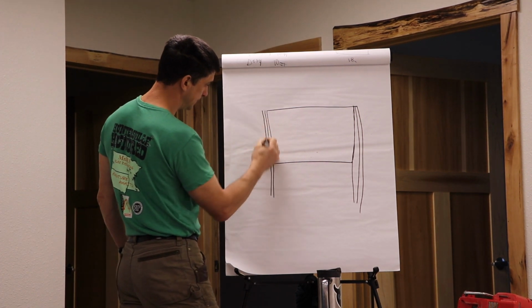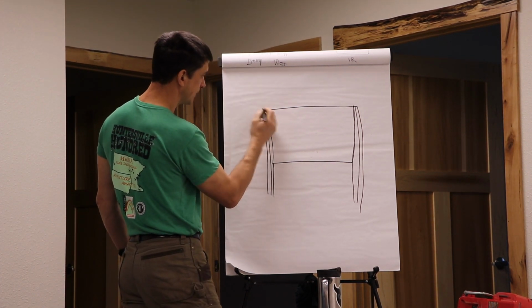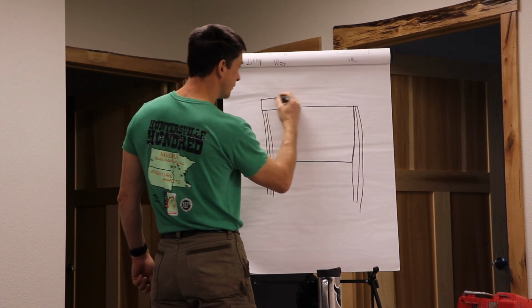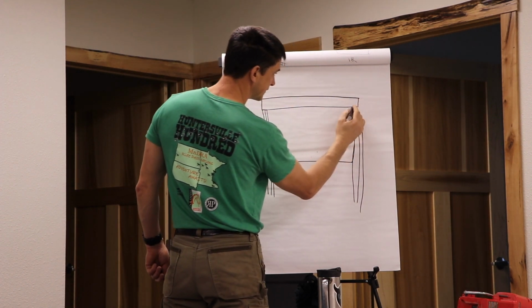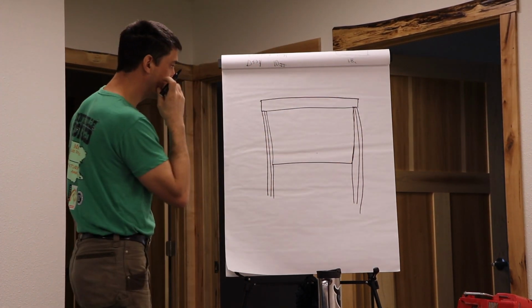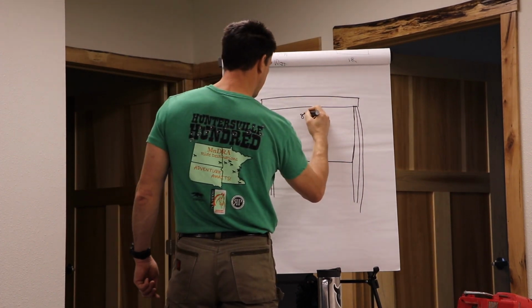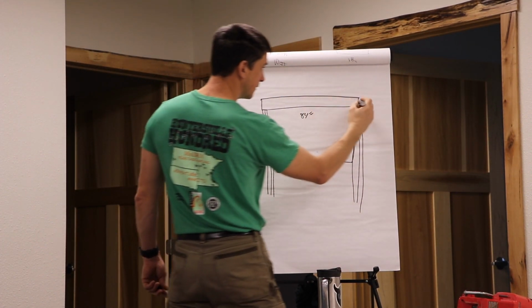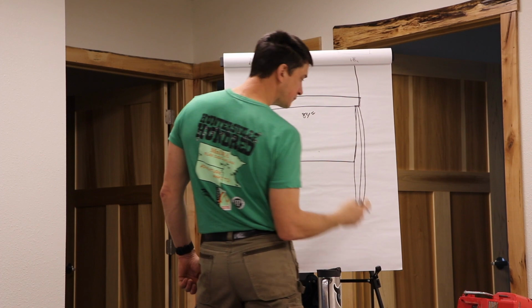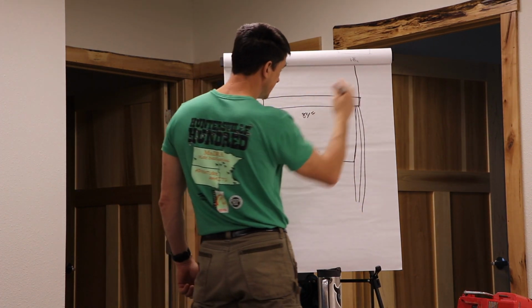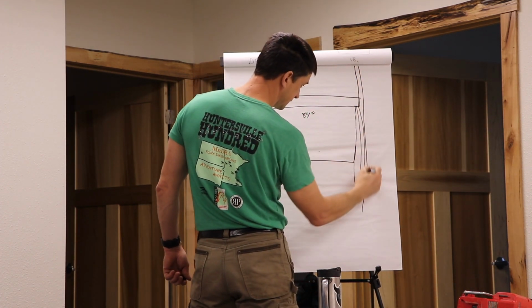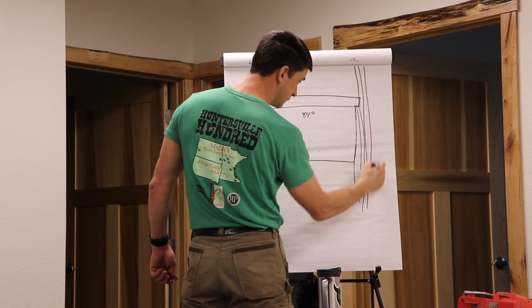Okay? So here's our header for the window opening. It has to have 3 inches of bearing, because it's 84 inches. Okay? Then the engineer says it needs 2 king studs. Okay?